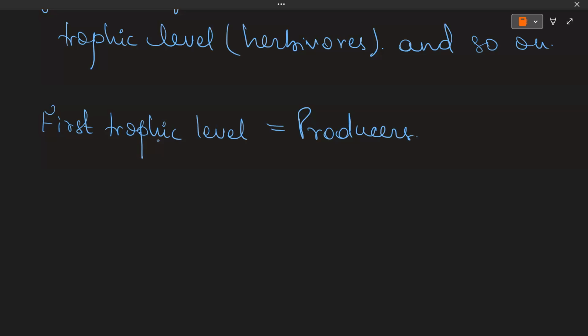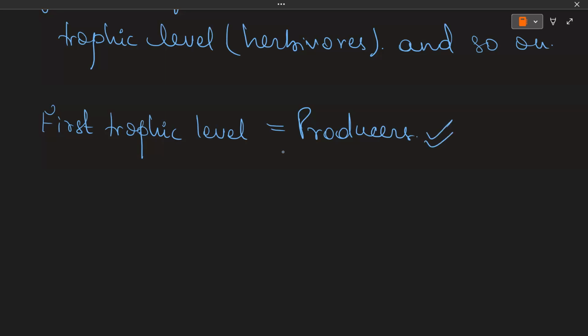The number of producers would be more, much more. So it is a law, it is basically how it happens in nature. If you move from the first to the second to the third to the fourth trophic level, the number of organisms will start decreasing. Got it?